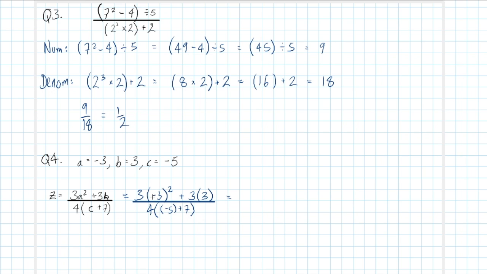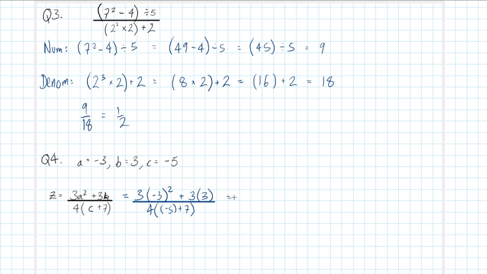Just remember to be careful with that. With negatives that get squared, a negative times a negative is always a positive. What you really wouldn't want to happen is do 3 squared, which is 9, and then think, oh yeah, the negative, and then make minus 9, because that would be wrong. Minus 3 squared is 9.